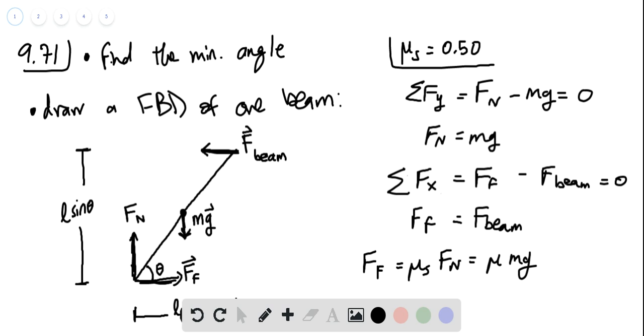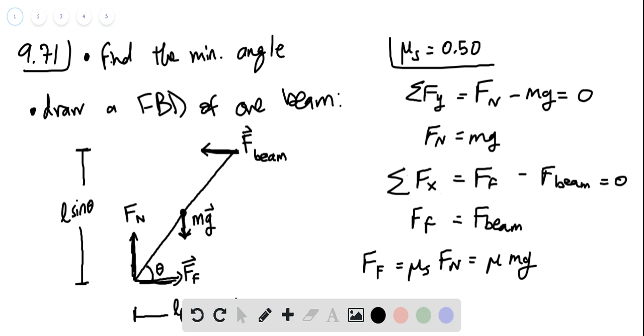If you can imagine the beam falling to the right, eventually the bottom junction where the normal force and the friction meet is going to move to the left. And as we know, friction goes opposite to the direction you move, so that's why it's pointing inwards, or to the right.